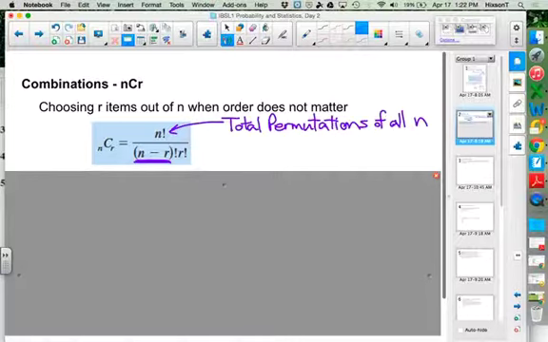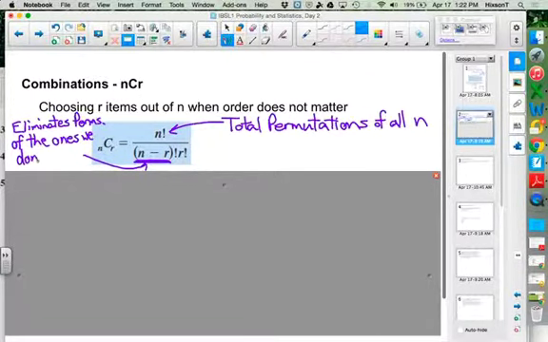So that n minus r factorial eliminates the permutations, perms for short, of the ones we don't want. We only care about the first r of them, so the r plus 1, r plus 2, up to whatever n is. This eliminates all those permutations.